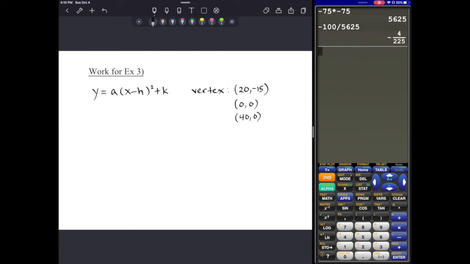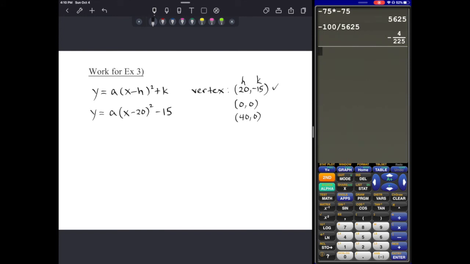All right, let's see if we can find our stretch factor. First thing, let's go ahead and put in h and k. So y is equal to a times the quantity of x minus 20, and then we're going to square that, and then subtract 15. So step 1, we got the vertex in.